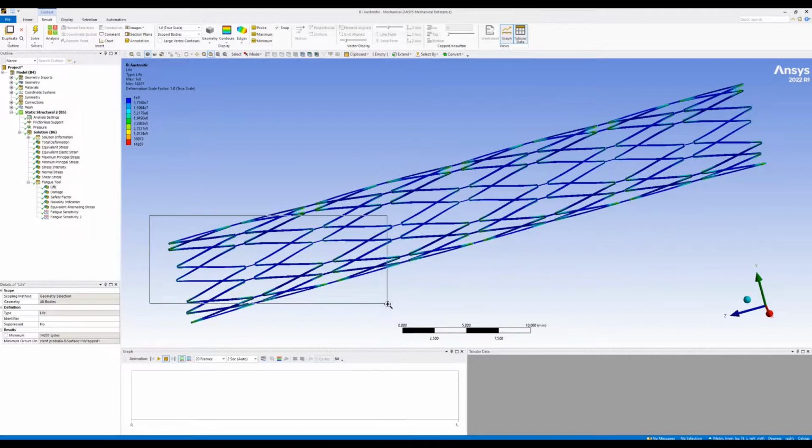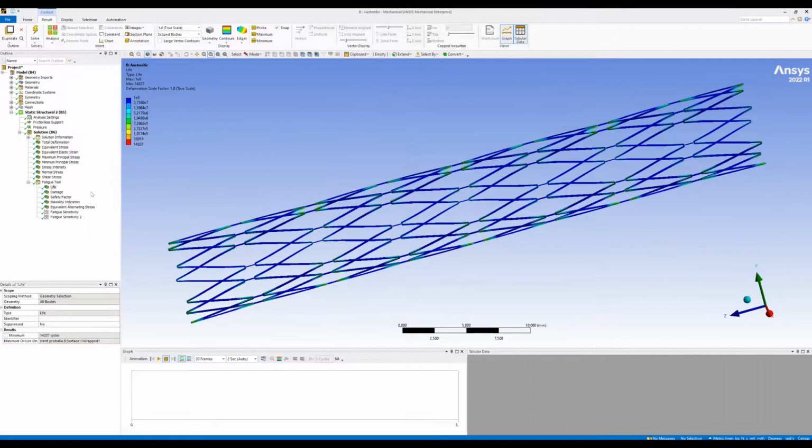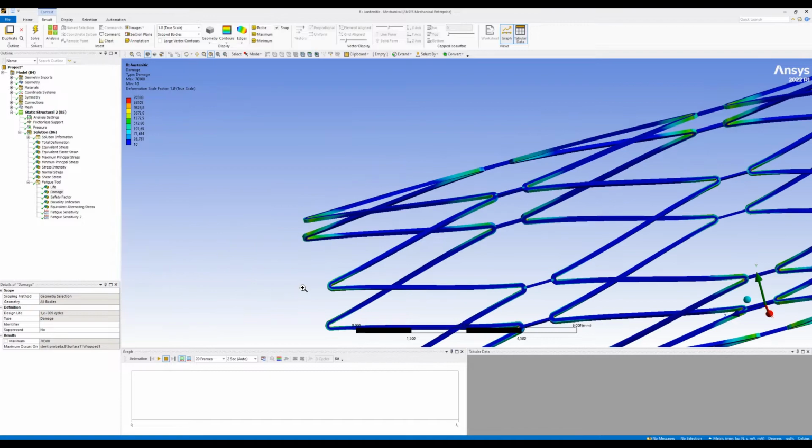The following option is selected: life, damage, safety factor, and biaxiality indication. Equivalent alternating stress is also shown in the program. Fatigue sensitivity charts of the model, damage function, and then the life of the model were also prepared in the program.